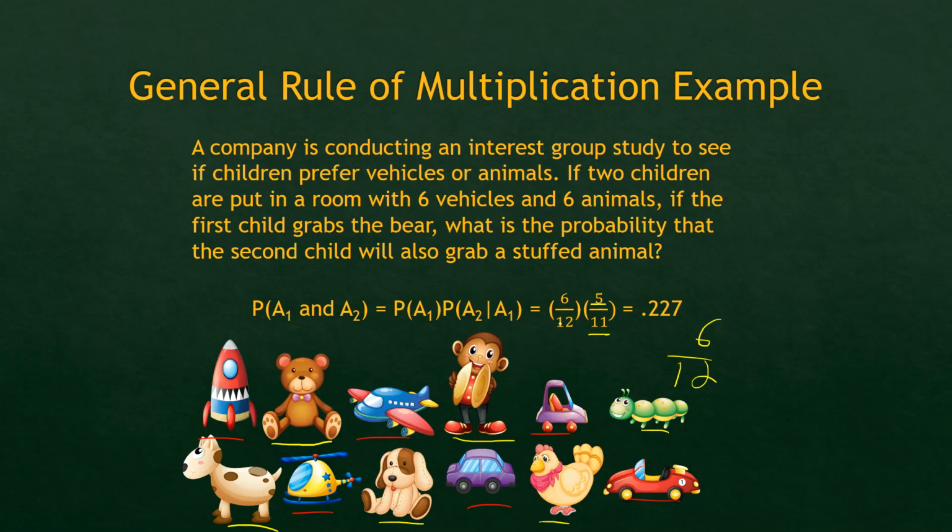So you multiply 6 divided by 12 by 5 divided by 11, and that gives you a probability of 0.227. The first one, there's 6 stuffed animals and a total of 12 toys. And then the next one, there's 5 stuffed animals and a total of 11 toys left after the first child grabs the first stuffed animal.